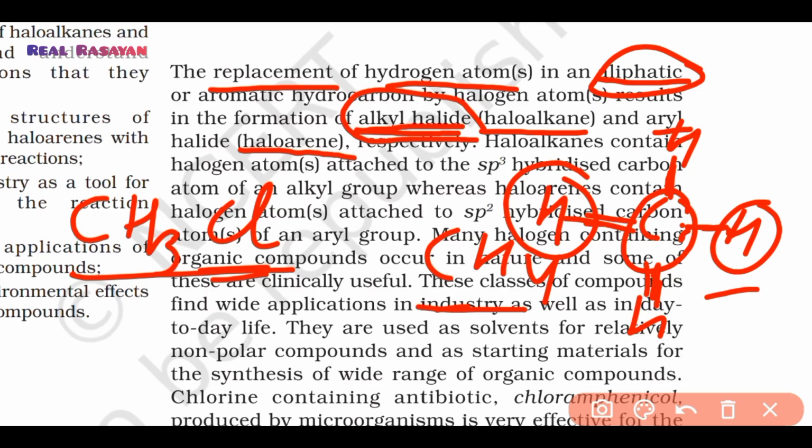So the monovalent atom is the hydrogen atom here. So we can say the hybridization of carbon is sp3.